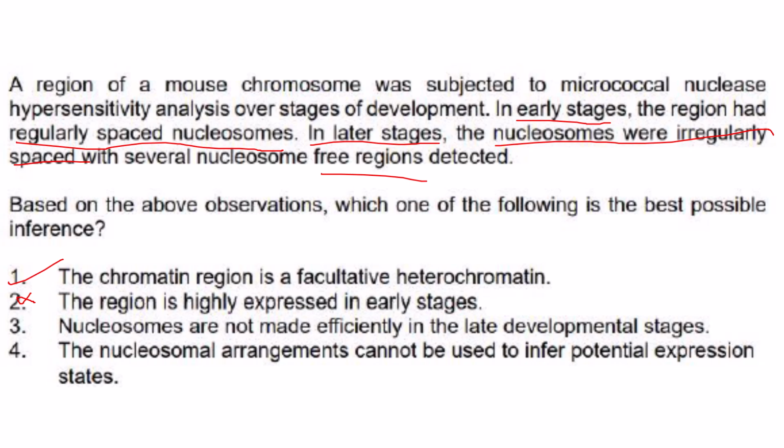Because micrococcal nuclease digests DNA by cutting in the linker region between nucleosomes. So it doesn't say that nucleosomes are not efficiently made. So that is not correct. Then, nucleosomal arrangements cannot be used to infer potential expression status. That is also not correct.